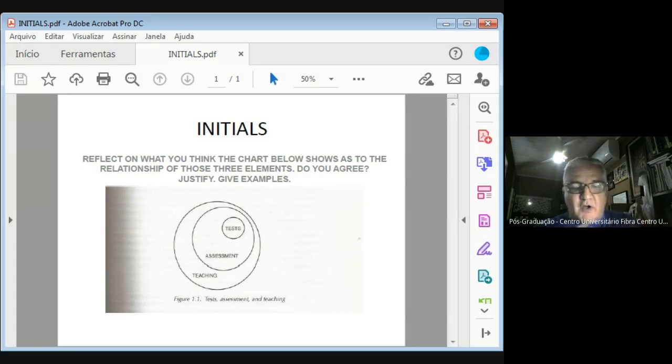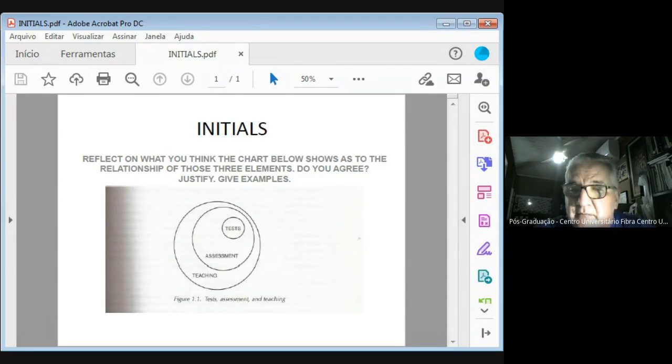So out of 40 students, how many got right X% of the questions? So you need to make a quantitative analysis of your test. You need to know if the test you made was too much above the level of your teaching, if it was in the level of your teaching and that was a problem with the students. So after a test, you have thousands of information that you can collect.